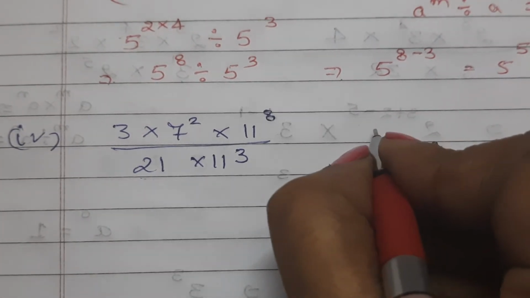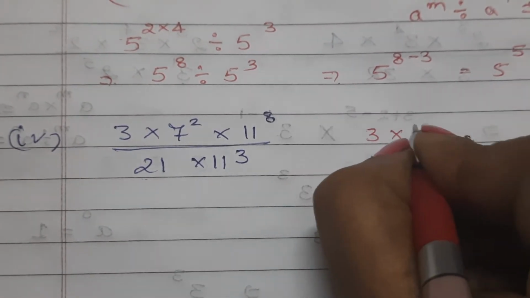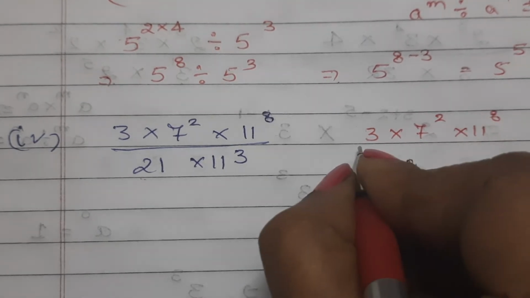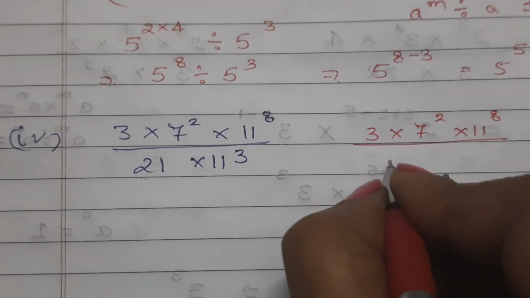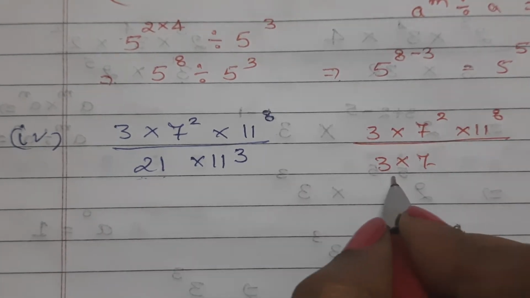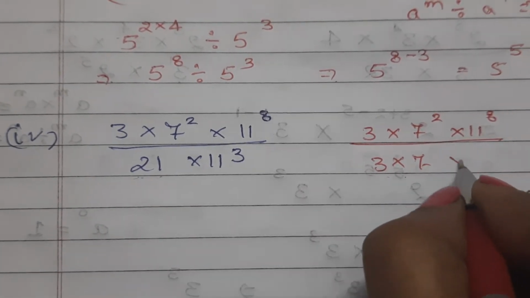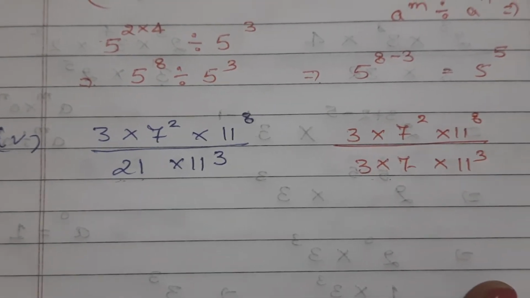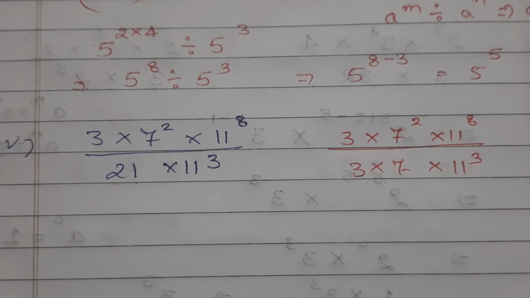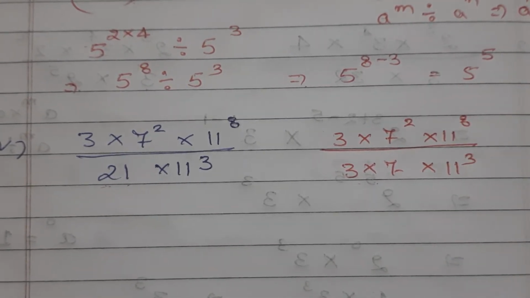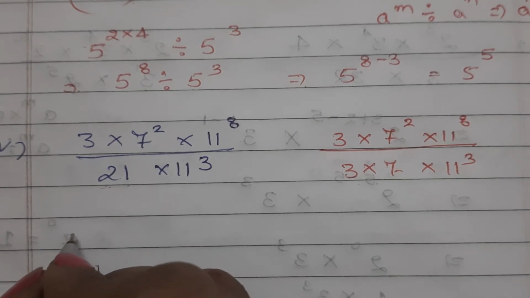So what we can do? 3 into 7 square into 11 raised to power 8, divided by 3 into 7, since we can write 21 as 3 into 7, into 11 raised to power 3. So as I told you, we will apply the laws. We cannot reduce it by simply cancelling it down. It will be the wrong way.